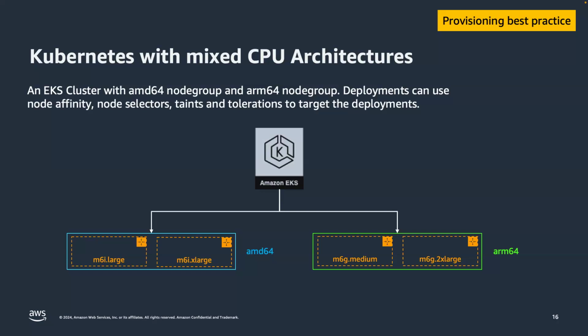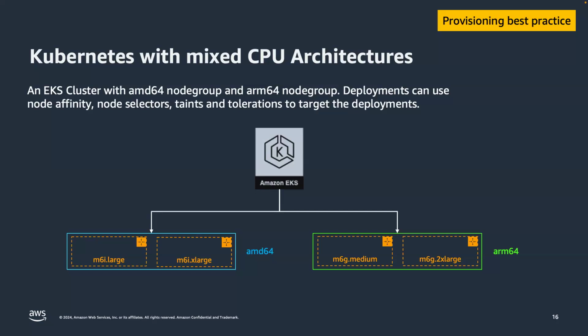And when you have two node groups, your best practice will be to start to target the deployment. Certain applications that are already multi-architecture can go to either the x86 node group or the ARM node group, or both at the same time. But there could be certain third-party applications that aren't ready yet, not certified for ARM yet, and that's fine as well.